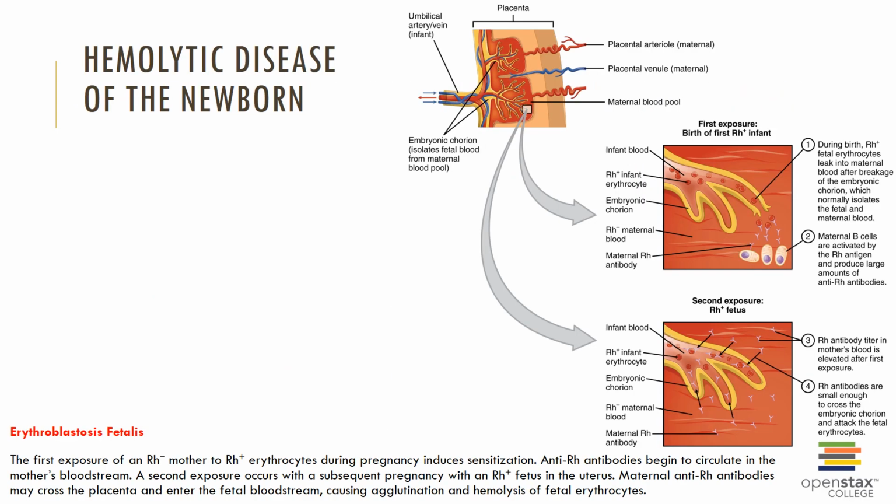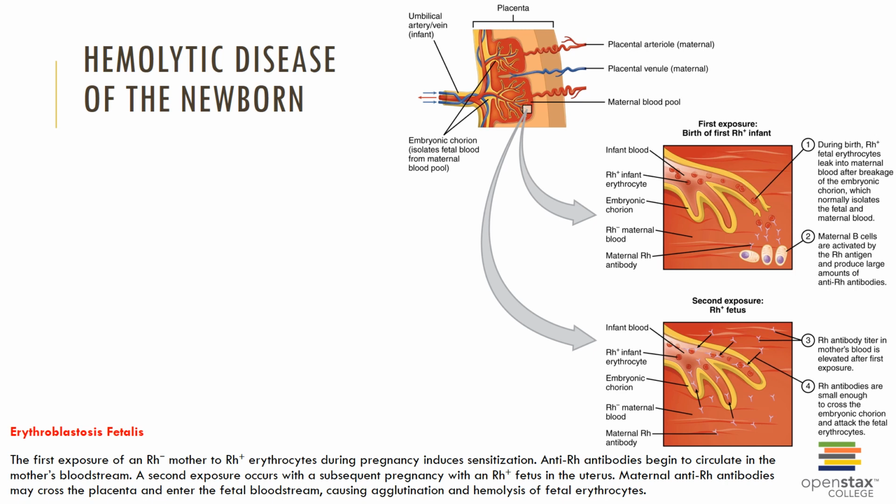And finally, hemolytic disease of the newborn is demonstrated here. Hemolytic disease of the newborn is when the mother is Rh negative while the baby is Rh positive. This causes hemolysis of the baby's red blood cells and even death.